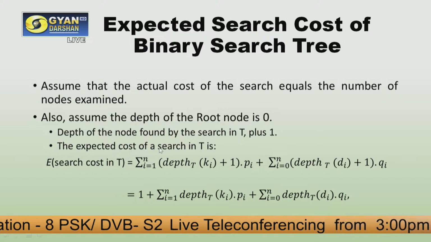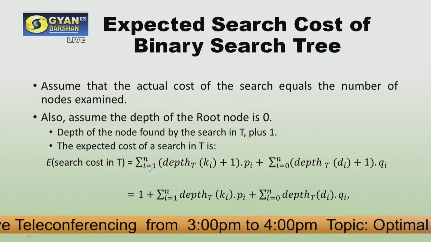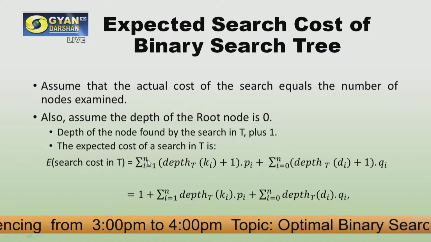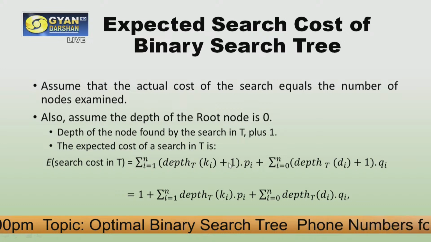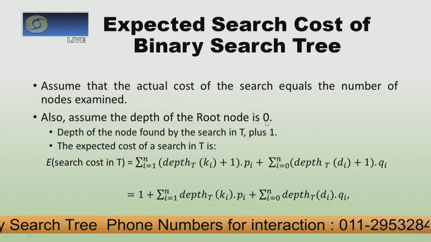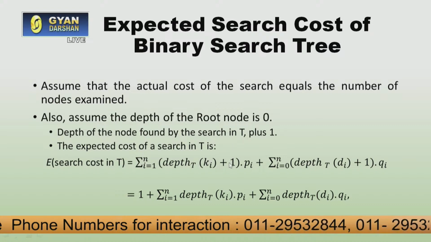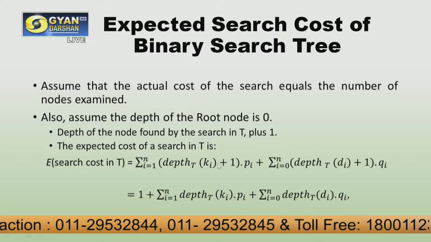The expected cost of searching in the tree is basically, for all i equals 1 to n, for all the nodes, the depth plus 1, right? That is how we have assumed. The root node depth is 0 and the searches required are depth plus 1, multiplied by the probability of each of those nodes.